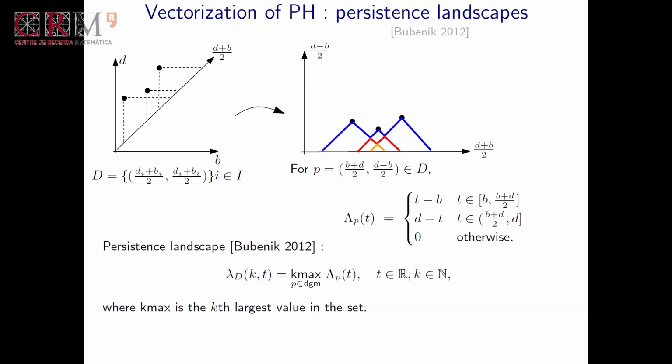You can see these triangles as many overlapping mountains, and when you look at them from far away you see the horizon, and the horizon line is the graph of the first landscape. In particular, this is a piecewise linear function where each piece has slope +1 or -1, except when it is 0 outside the support of the function. So this is the first persistence landscape.